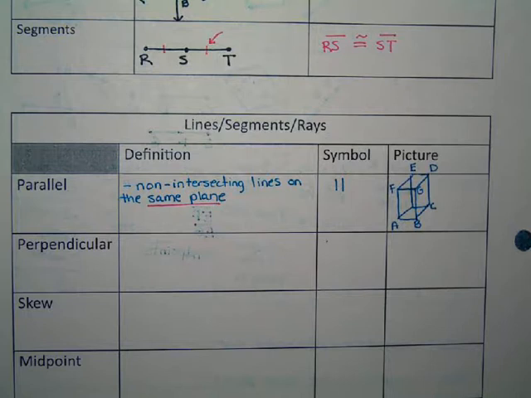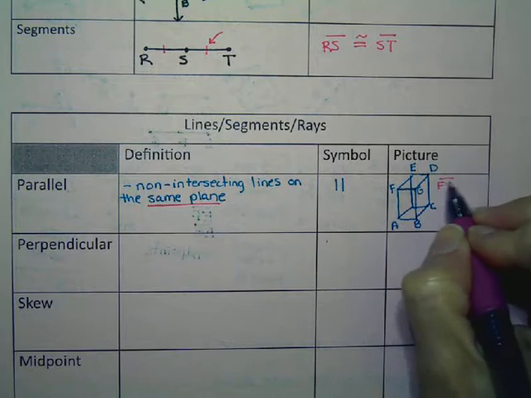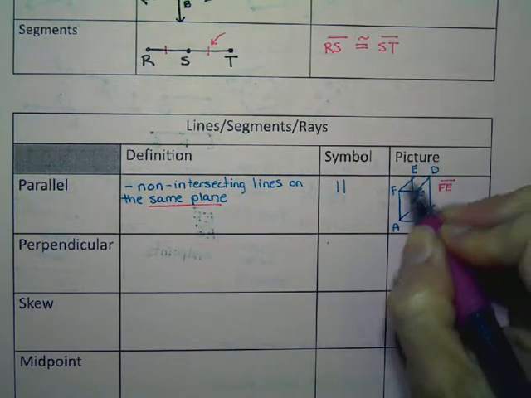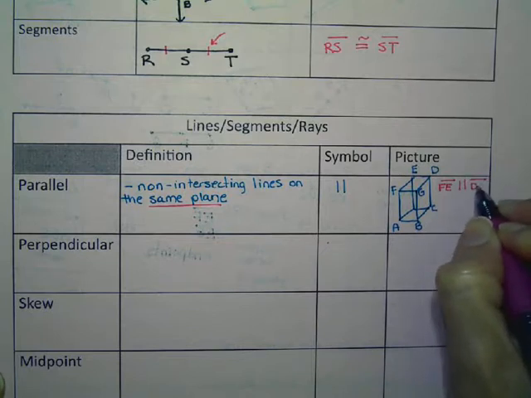So in this picture, I could say segment FE, this segment over here, is parallel to segment DG. Or I guess that should be GD, try and scratch that out.